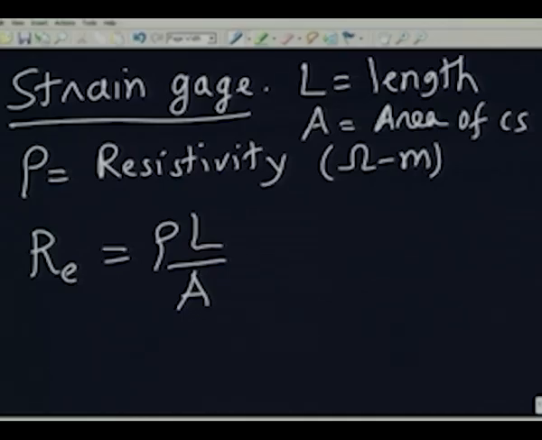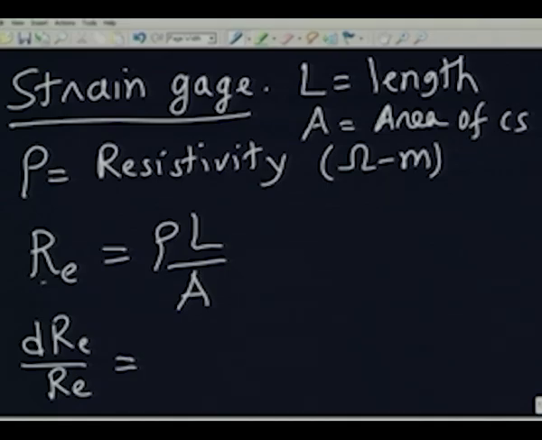So, now what is the change in the resistance? I can again use a logarithmic differentiation. So, logarithmic differentiation, if you use, you get dRe by Re. What do you mean by logarithmic differentiation?